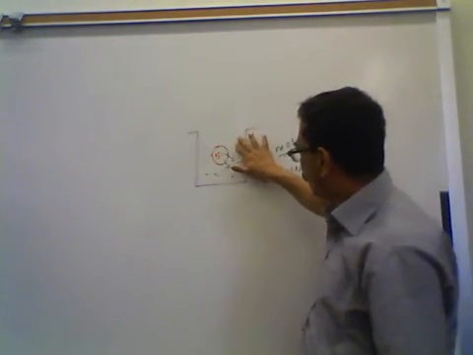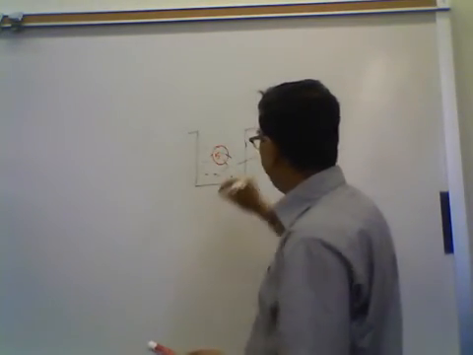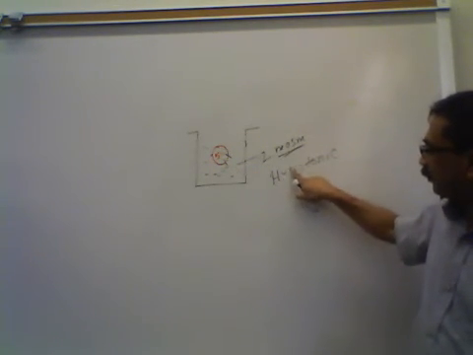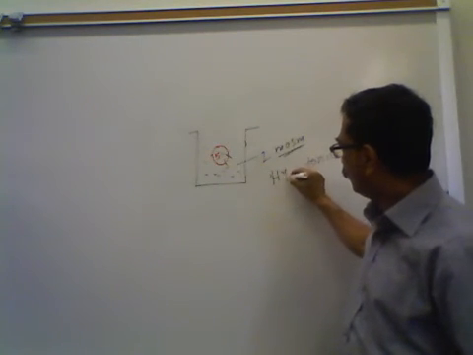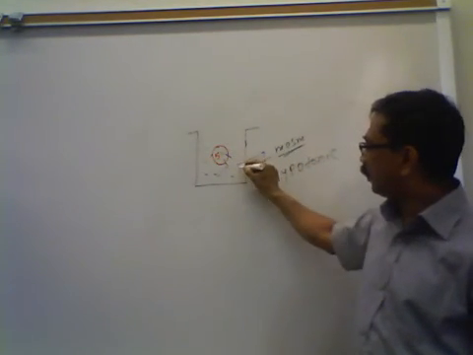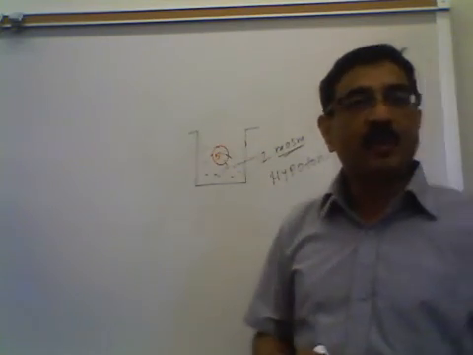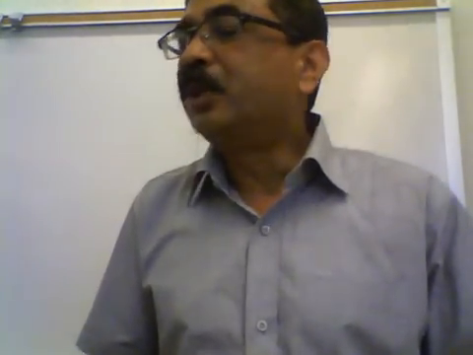Now if I change this solution, and now the concentration is 2 milliosmol, so now this is what? Everybody? Hypo. Because 2 is less than 5, right? So the solution is hypotonic. So which way will the water move?